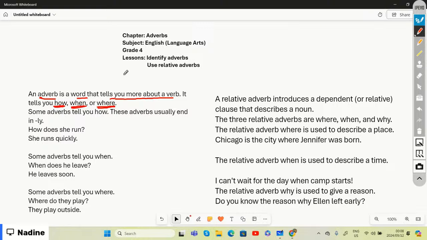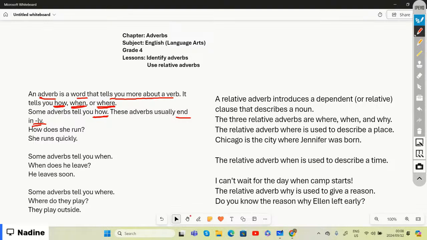Remember, some adverbs tell you how, some tell you when, and some tell you where. The adverbs that tell you how something is being done usually end in ly.